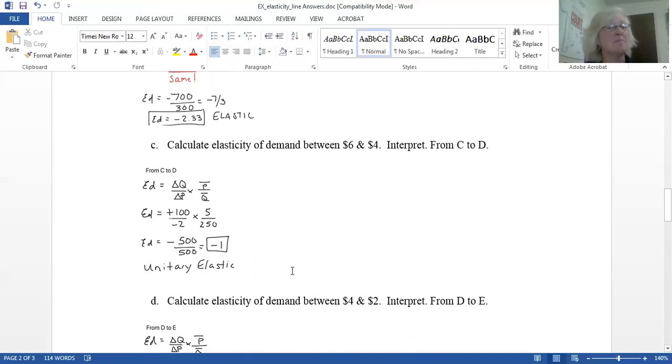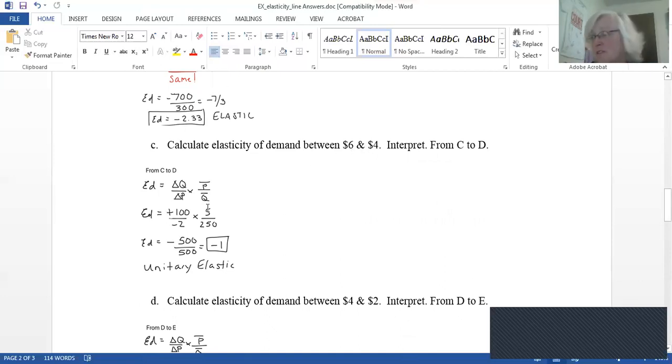Continuing along, and I'm just going to move a little faster because I think you're getting the hang of it, right? I have all the answers here. You can go back, rework these, and double check, right? But from C to D now, my first part of the fraction is going to be the same. I wrote out the same equation, the midpoint formula. And I plugged in my 100 and my negative 2. Between C and D now, my price is between 6 and 4. Halfway between 6 and 4 is 5.